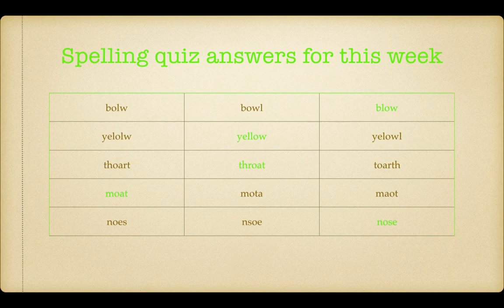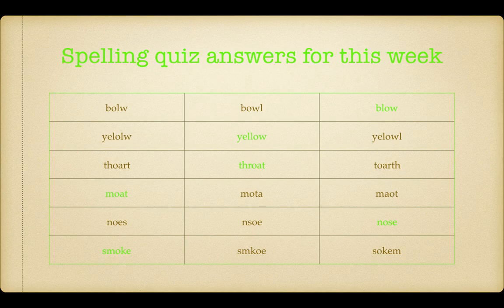How are you doing on your spelling test? Now the last word, smoke, which rectangle was it in? It was in the first rectangle, S-M-O-K-E. How did you do? Are you happy with your spelling today?